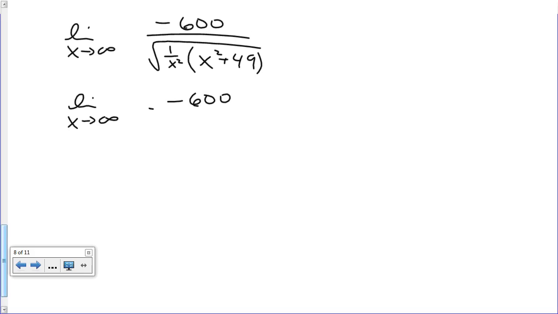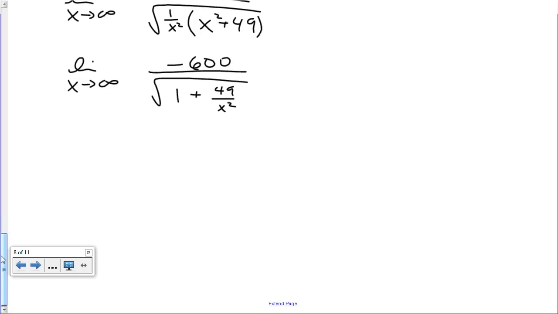So we get negative 600 over the square root of x squared over x squared, which is just 1. And when I distribute the 1 over x squared times the 49, I get 49 over x squared. And again, that's pretty nice. When I let x go to infinity there, 49 over a really huge number is heading towards 0.